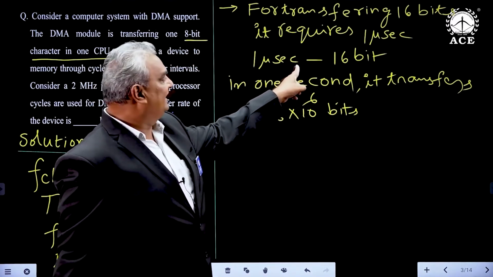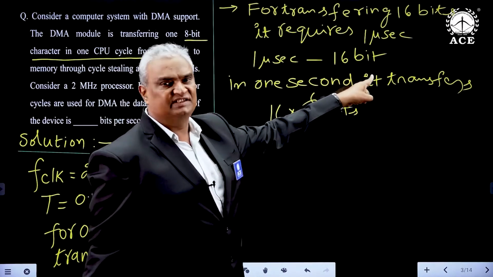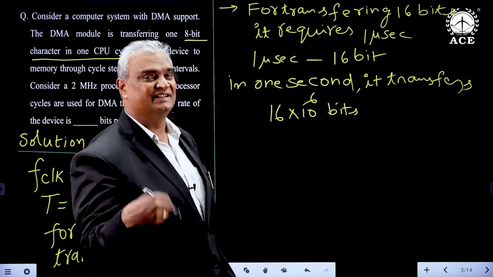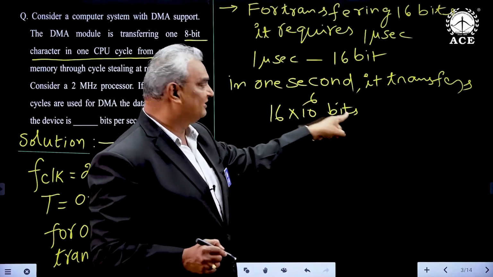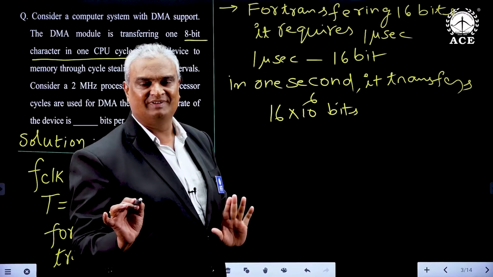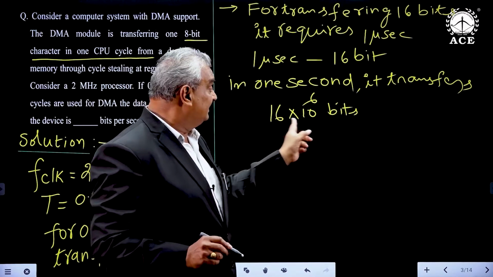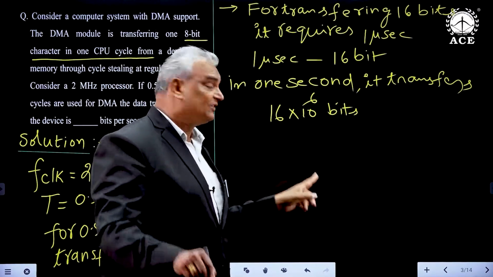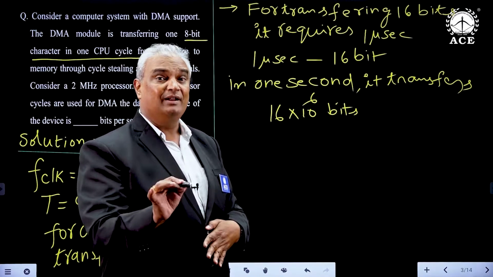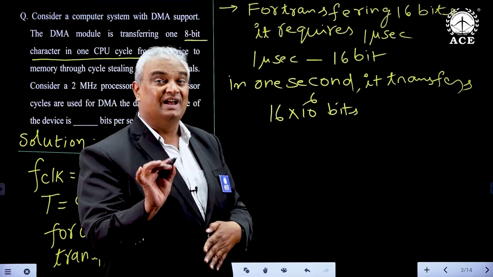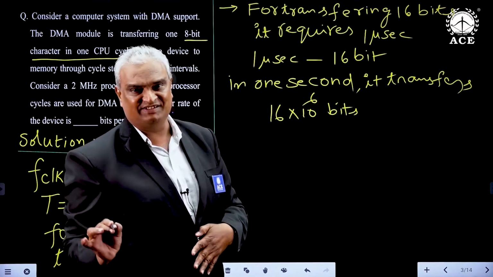In 1 microsecond, how many bits can it transfer? 16 bits. In 1 second, how many bits can it transfer? 1 into micro becomes mega, means 10 power 6. Clear? It is possible to transfer this size of data in 1 second when the processor uses 100% clock cycles.